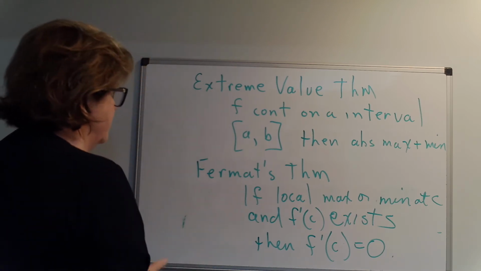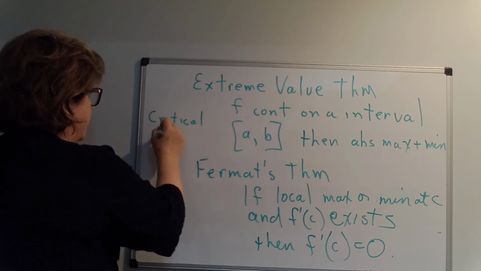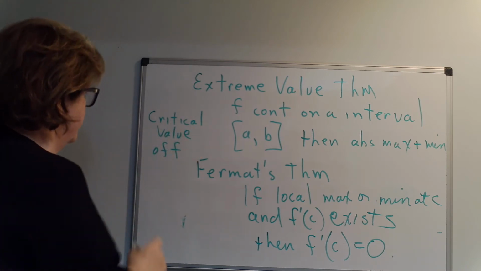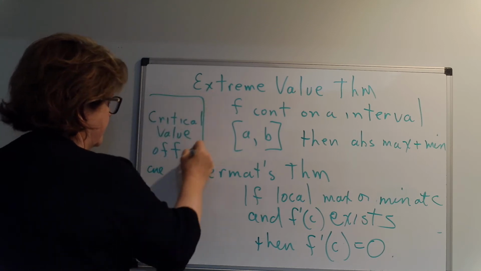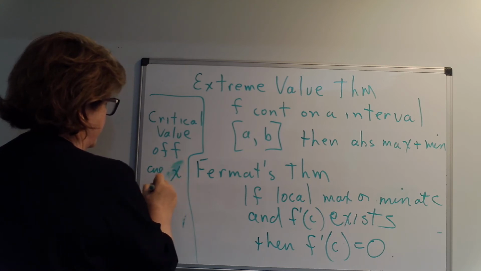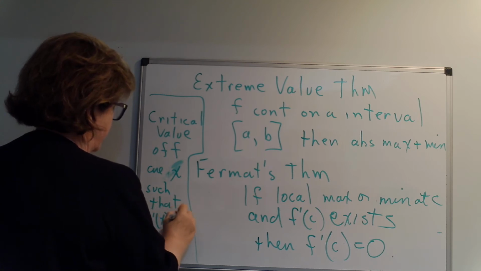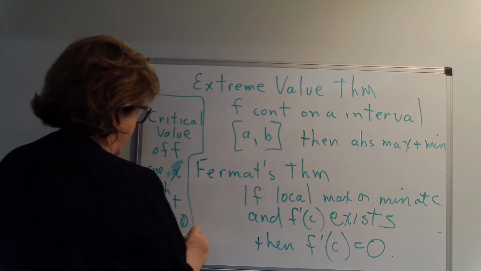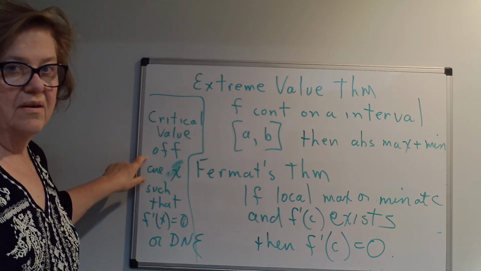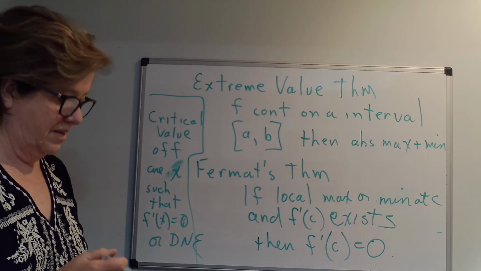I need to also mention that a critical value of a function, our values are x's, so the critical values of a function, we usually describe them in terms of x, are the x values for which the derivative of the function is 0 or the derivative doesn't exist.